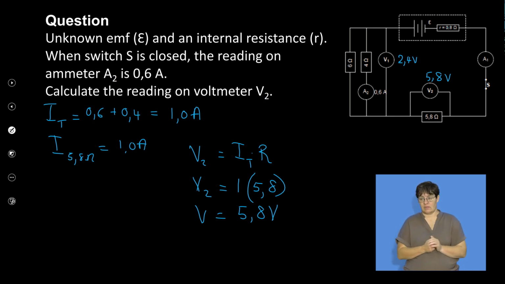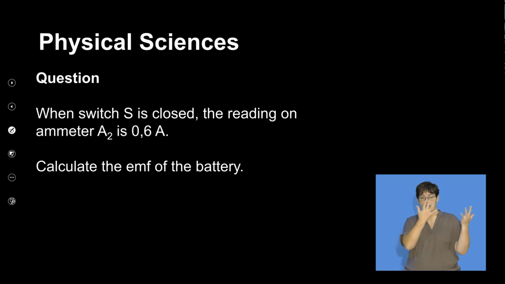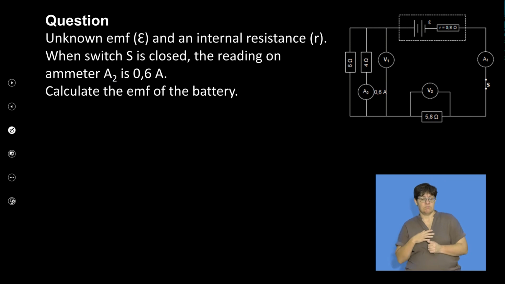Because this leads us to the next question, which says calculate the EMF of the battery. Because we know that E is not given, we are saying that E is equal to I, multiplied by the external resistance plus the internal resistance. That's how the equation is given to us.